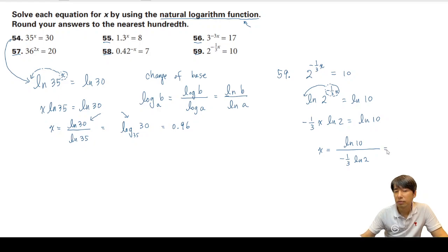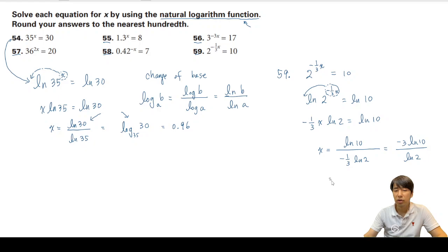So let me put this into the calculator. This is same as, okay, this 3 is the denominator of the denominator, right? Then this becomes numerator, so that's negative 3 ln 10 over ln 2. So whichever way that you use doesn't really matter. It's going to give you the same answer.